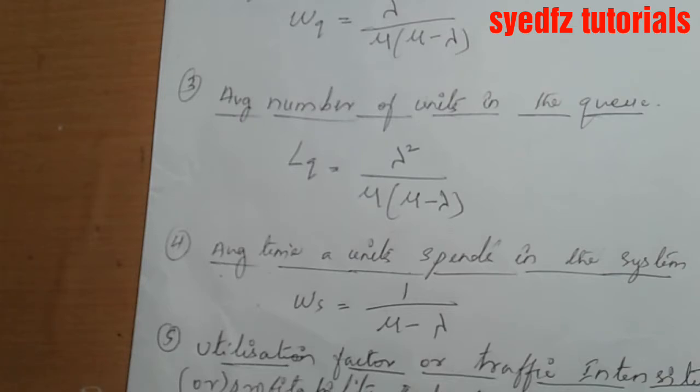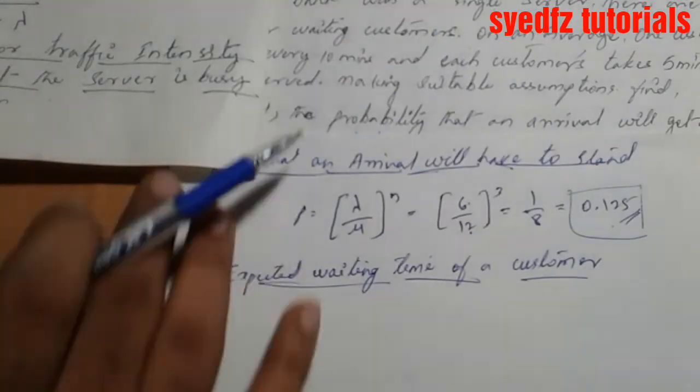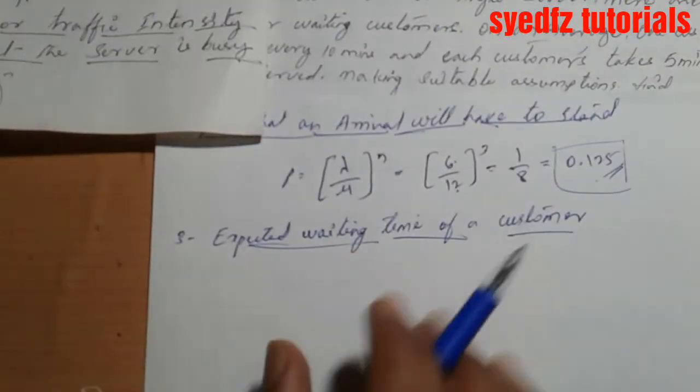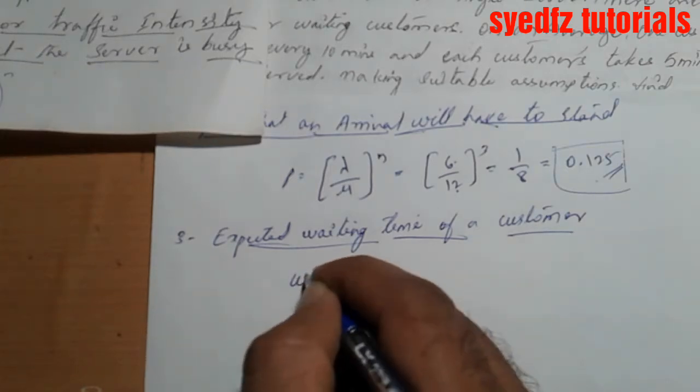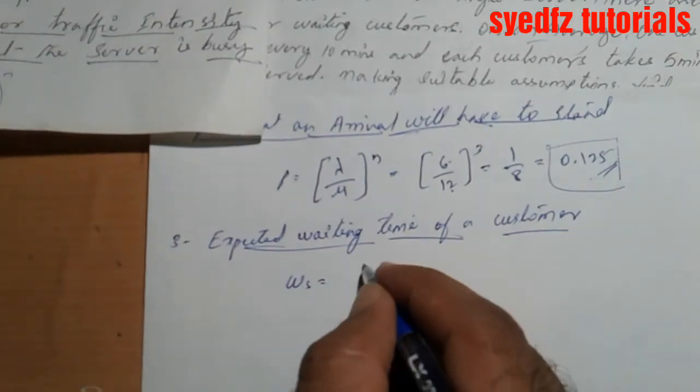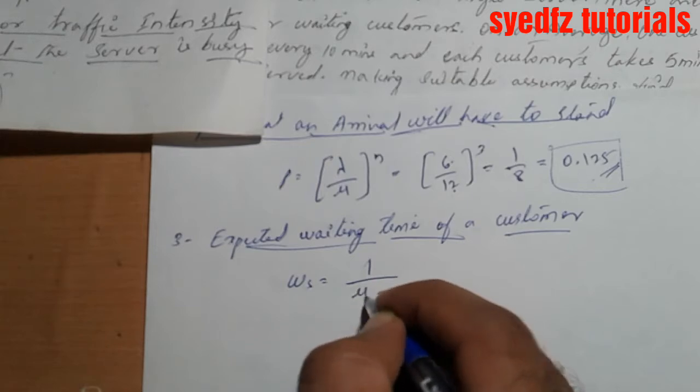Average unit means person. A person on average how much time is spent in a system. The formula we get, this is the waiting time a person spends in a system: 1 divided by mu minus mean. Expected waiting time, so the formula is WS is equal to 1 divided by mu minus mean.